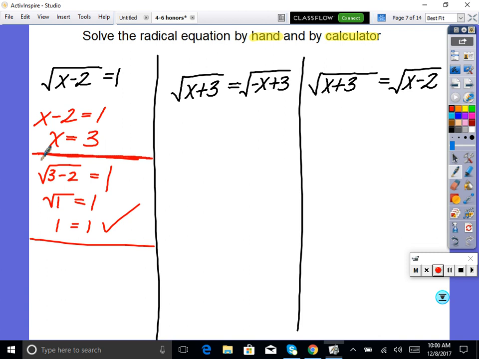Now we're going to solve by calculator. Think about what this is literally saying: when does this function equal this function? So go to y equals in your calculator. Everybody do it. In y1, type this in, in y2, type this in, and graph them.